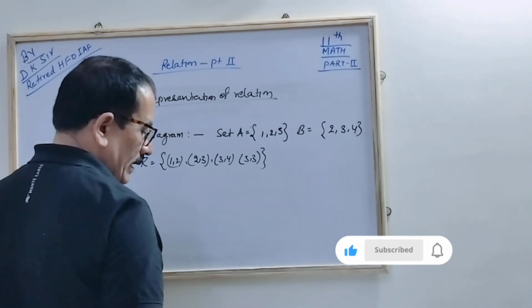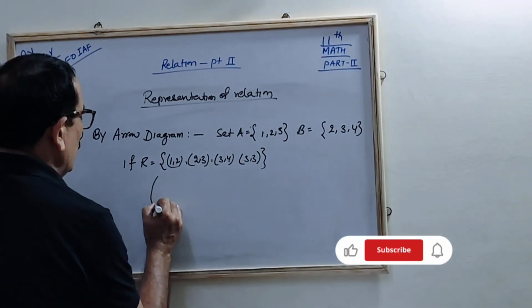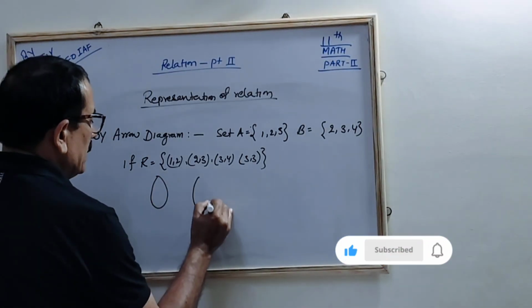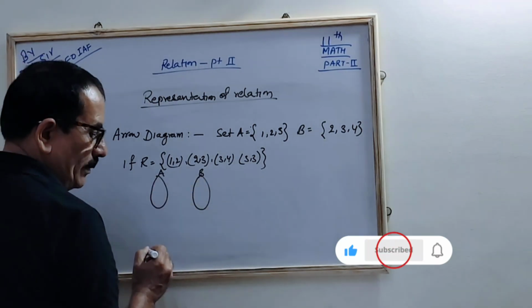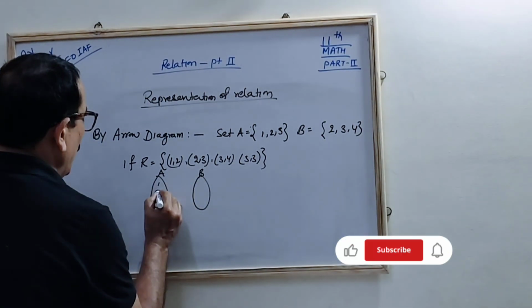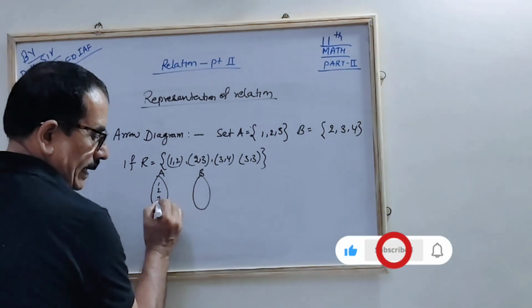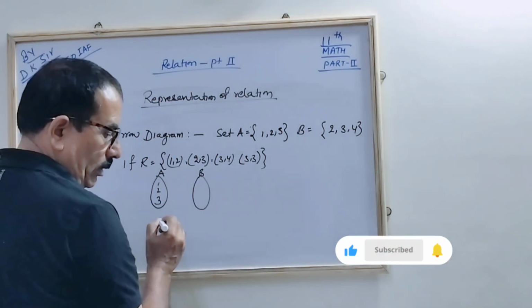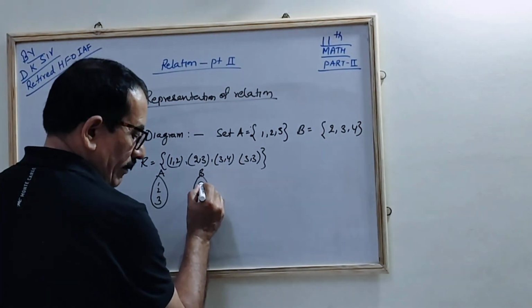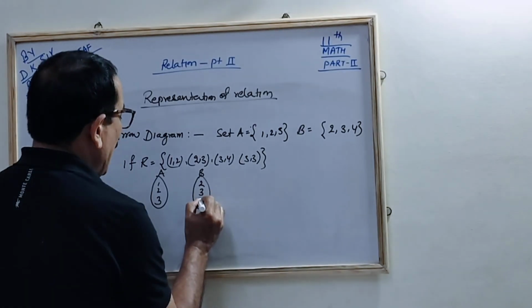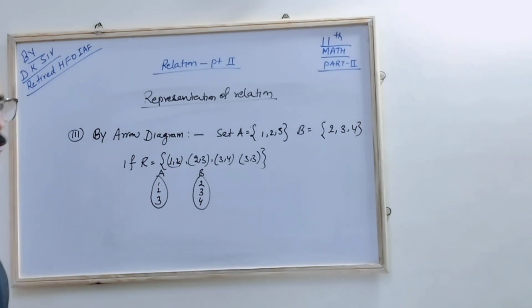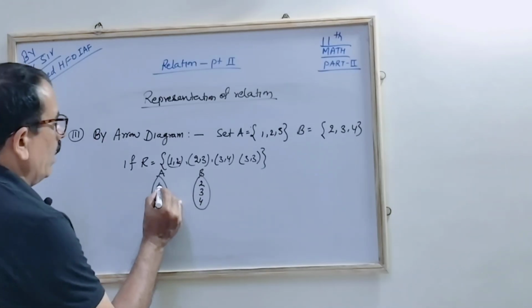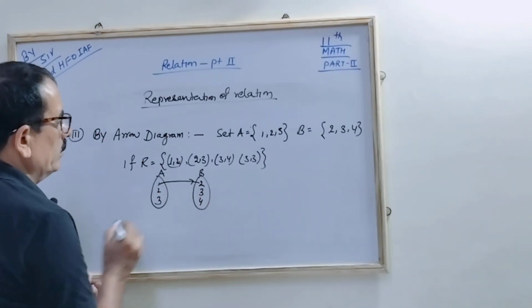So how can we show this in arrows? It will be like this: set A and set B, correct? Then we have 1, 2 and 3 in A, and here we have 2, 3 and 4 in B. We can see that 1 is related to 2.